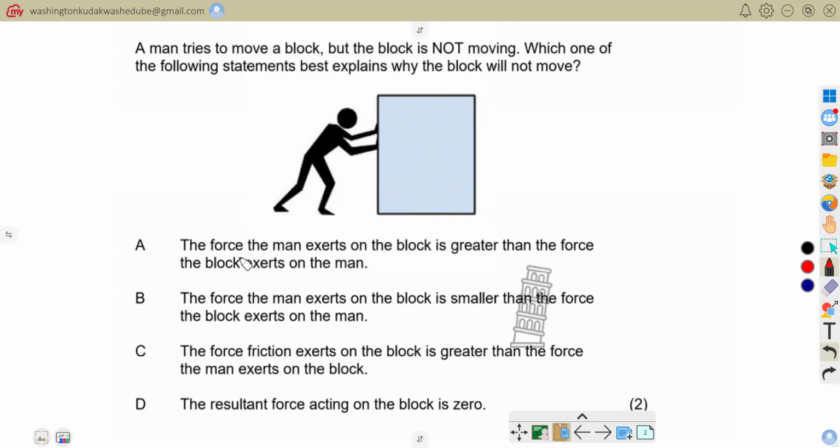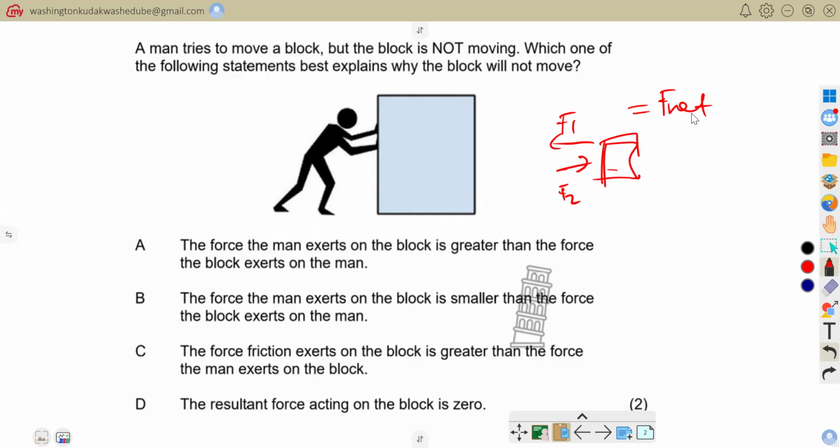So let's look at our options. Option A says the force the man exerts on the block is greater than the force the block exerts on the man. If we have two forces acting on an object, whenever one of these two forces is greater than the other, then as we look into the vector sum of these forces, we are going to have what we refer to as the resultant net force.